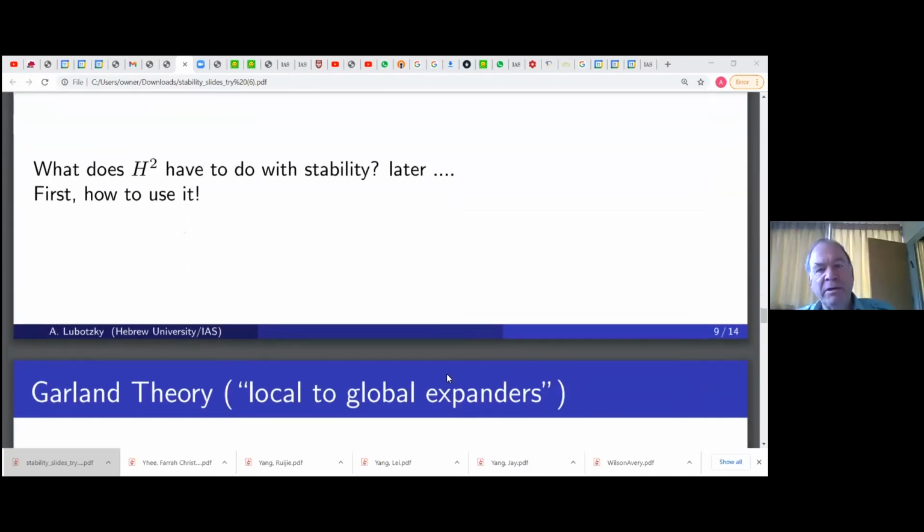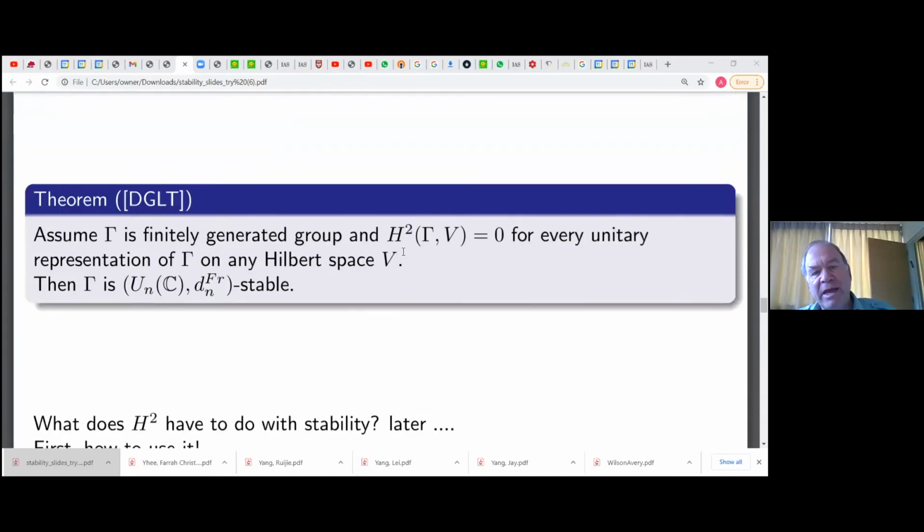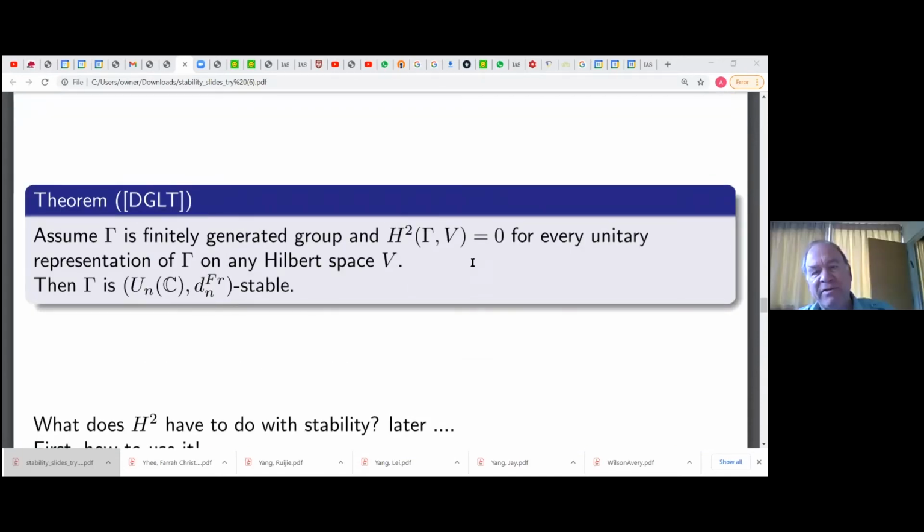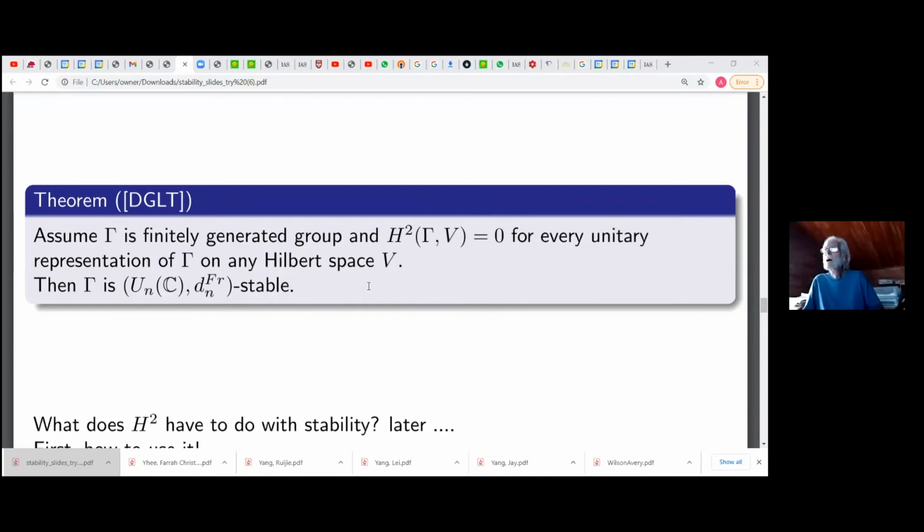Some of you may remember that vanishing of H1(gamma, V) equal to 0 for every unitary representation of gamma on any Hilbert space V is exactly equivalent to Kazhdan property T. The group gamma has Kazhdan property T if and only if it has this vanishing theorem.